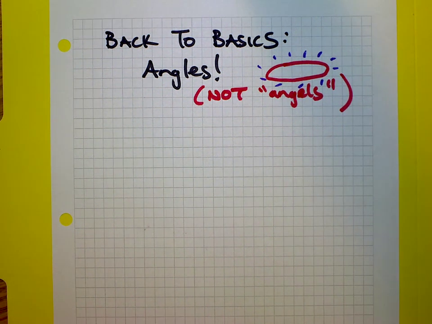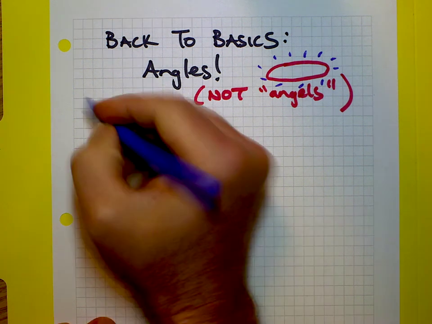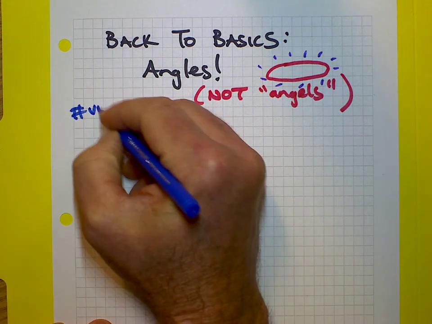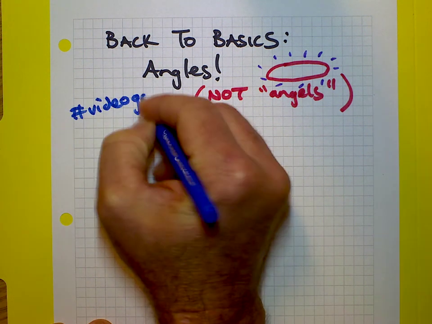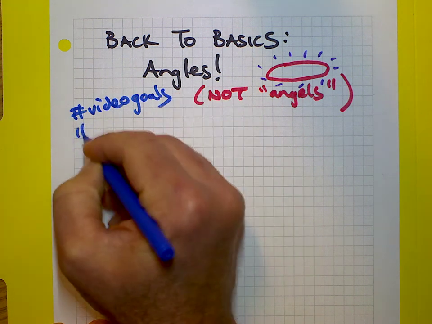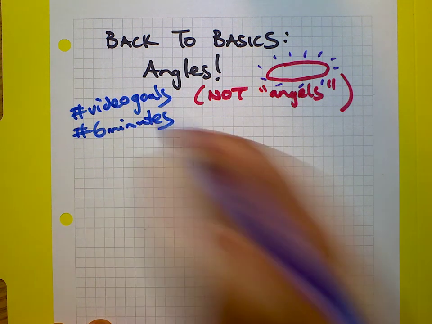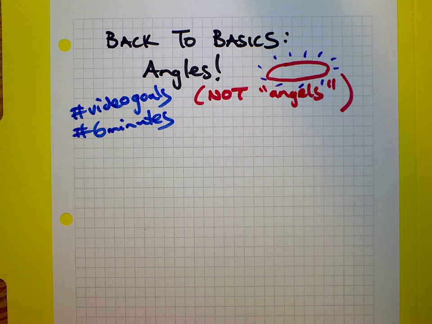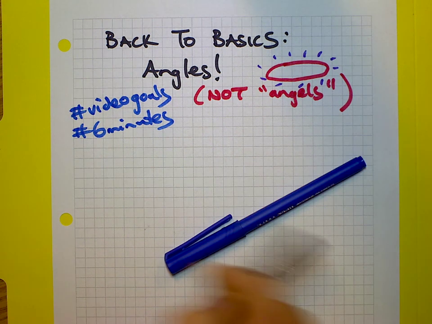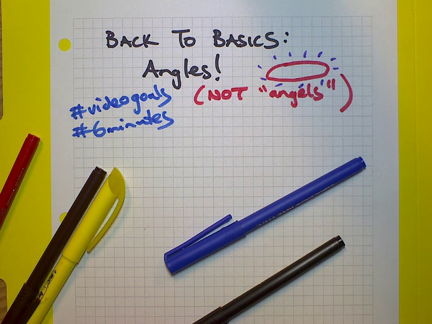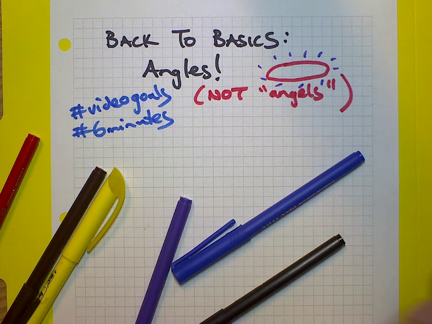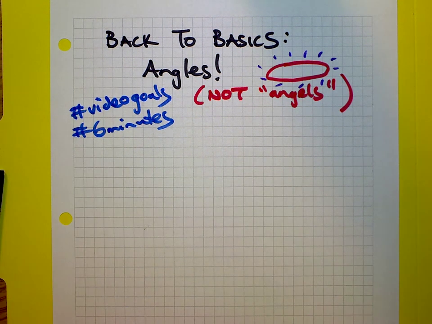See if I can do it in 6 minutes or less. Hashtag video goals. 6 minutes. I hope that doesn't bring up anything inappropriate on your social media there. I'm just kind of having some fun with my pretty colored pens. Pretty purple. Okay, angles.